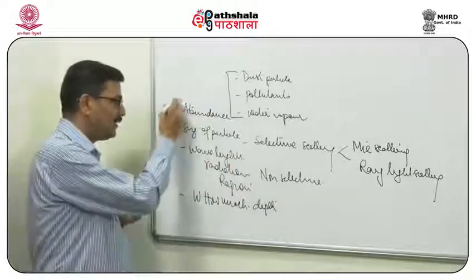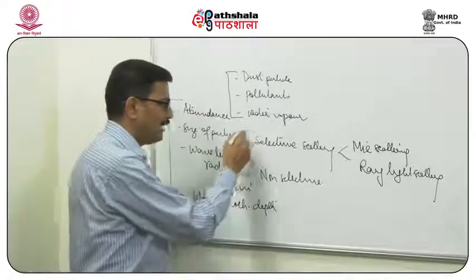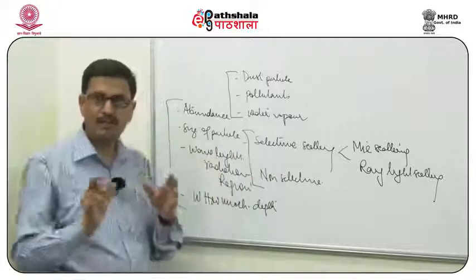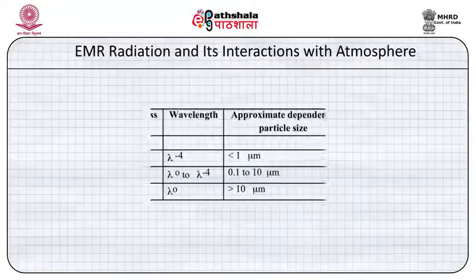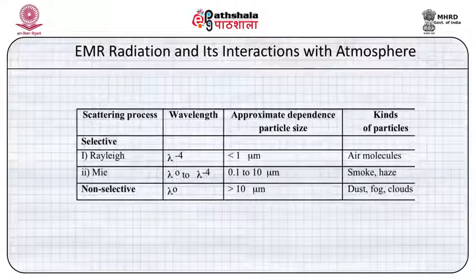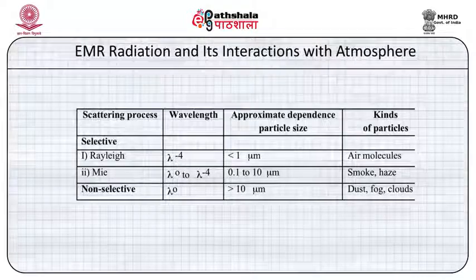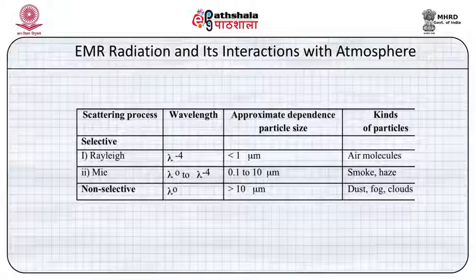Now let us understand all these things, selective and non-selective and other phenomena, through a table. We can clearly see in Table 1 that in selective scattering, Rayleigh scattering takes place at the wavelength lambda by 4. The Mie scattering takes place at the wavelength lambda to lambda by 4.